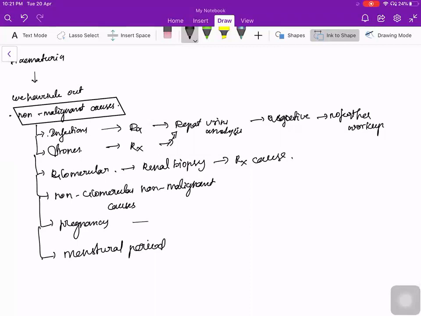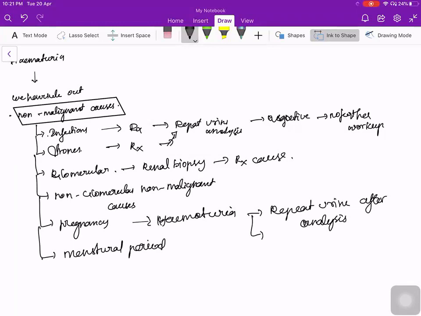Usually in pregnancy, these patients will normally have hematuria, so we will exclude the patient. We have to do repeat urine analysis after pregnancy. We will do a workup if the patient is having hematuria in pregnancy only if it is endangering the child and mother.